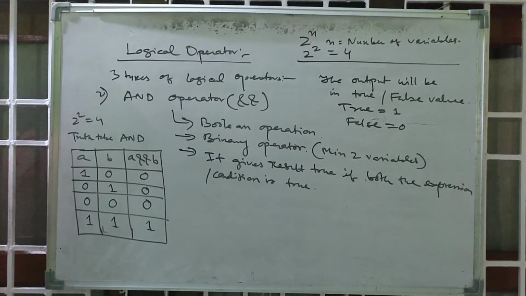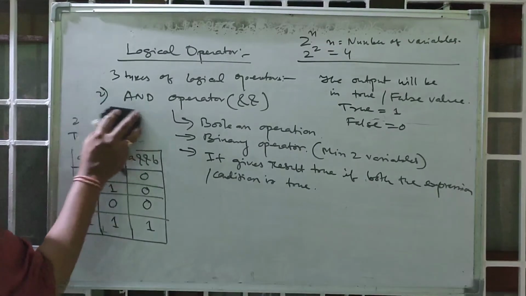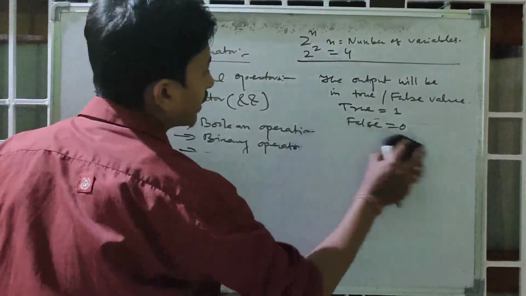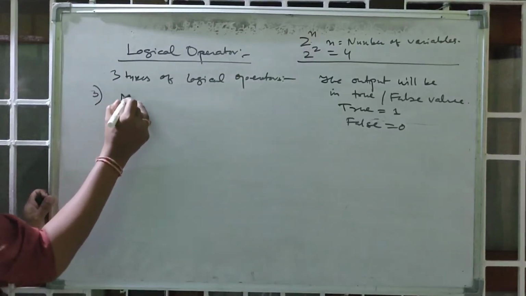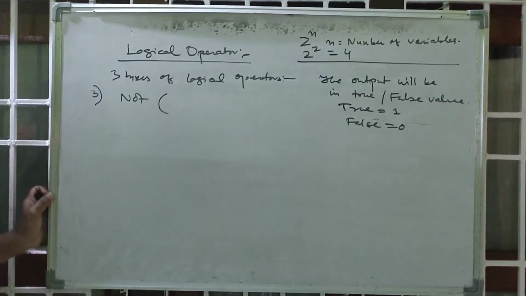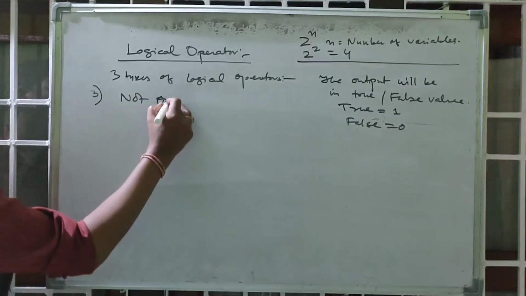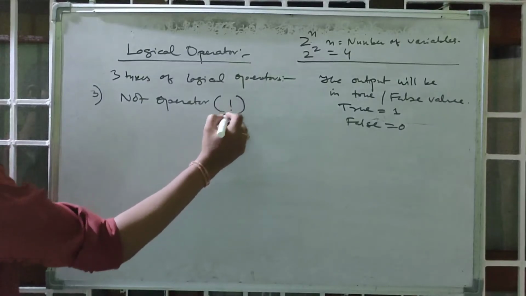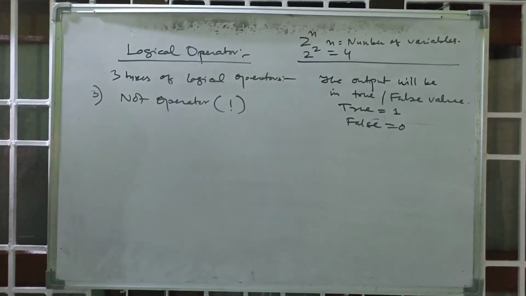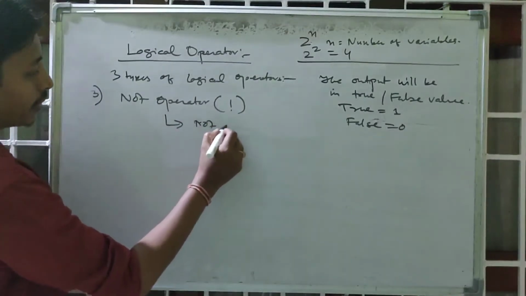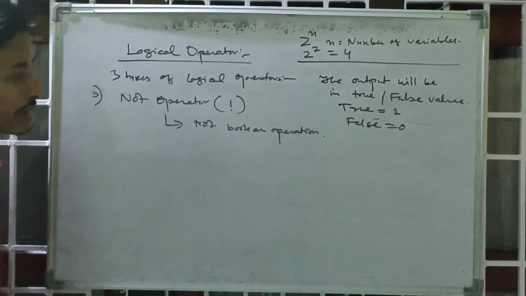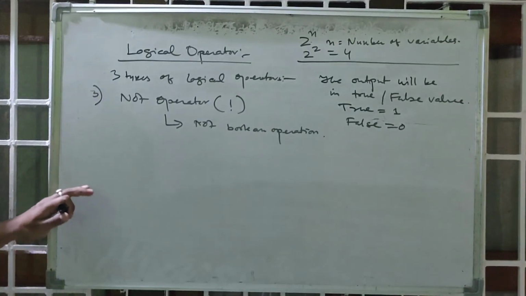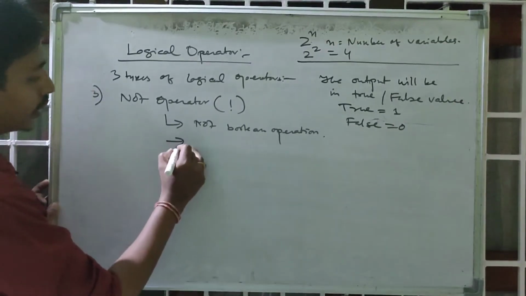Okay. Now next I will discuss the NOT operator, the last logical operator, number 3. And the symbol is this one. The NOT operator performs the NOT Boolean operation. It is a unary operator.